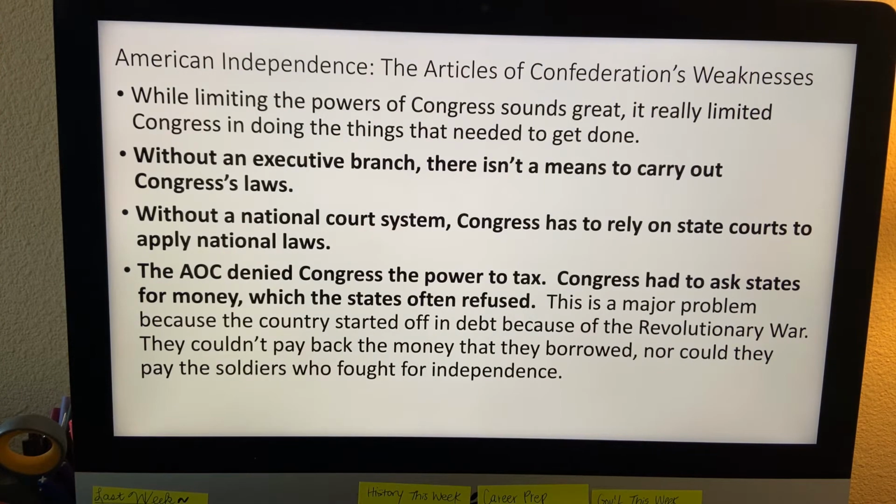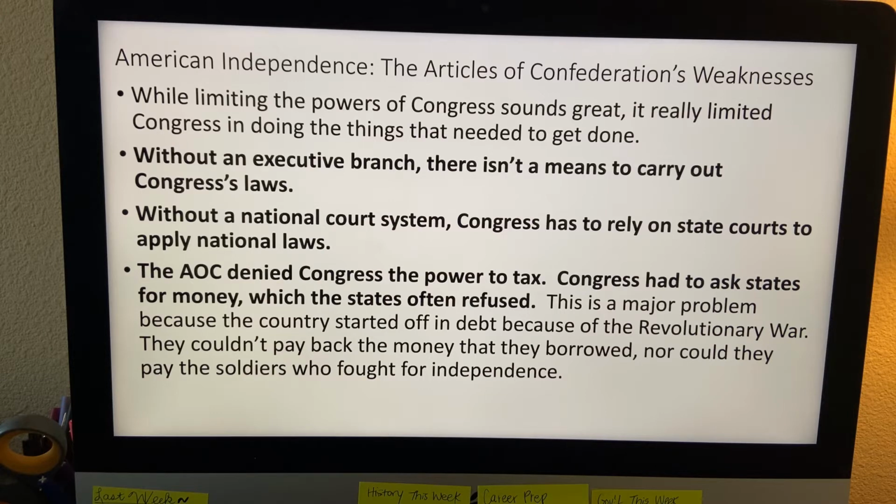So let's talk about some weaknesses of the articles. While limiting the power of Congress sounds great, it really limits the things that they can get done. There is not an executive branch, right? So there's no president. The ultimate job of the president is to execute the laws.